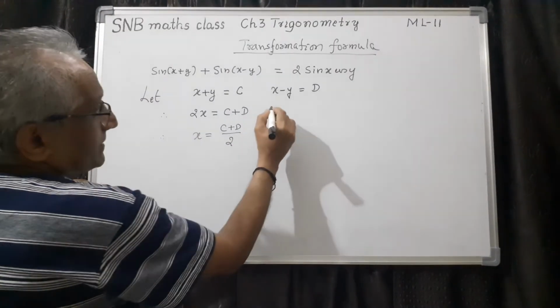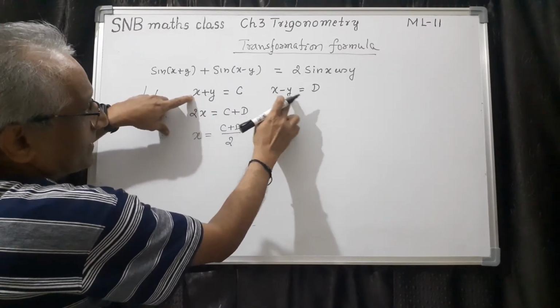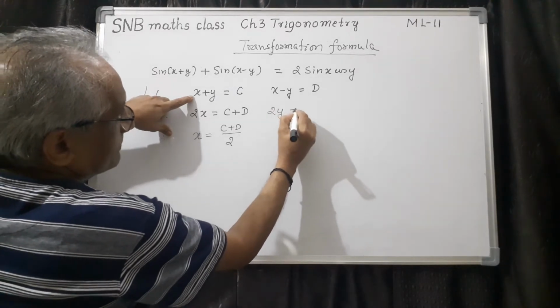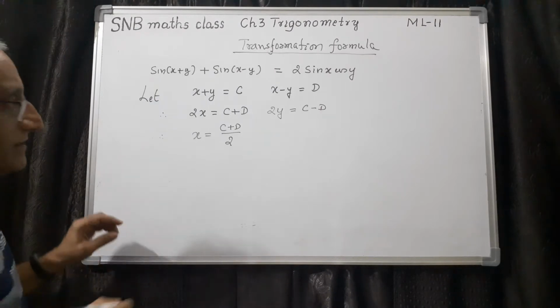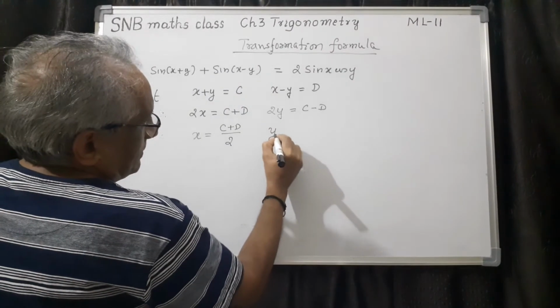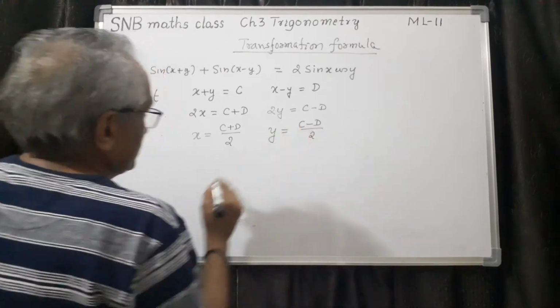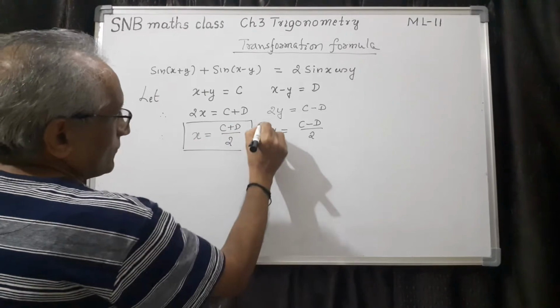Same thing, if you subtract, x plus y minus x minus y, x cancels, y remains twice. So 2y will be equal to C minus D. Therefore y will be equal to C minus D by 2. So x is this value, y is this.